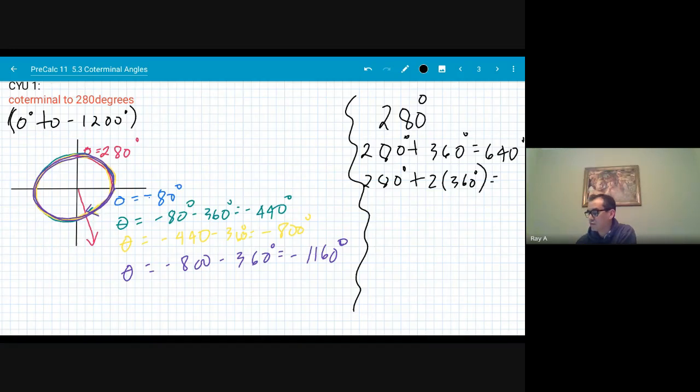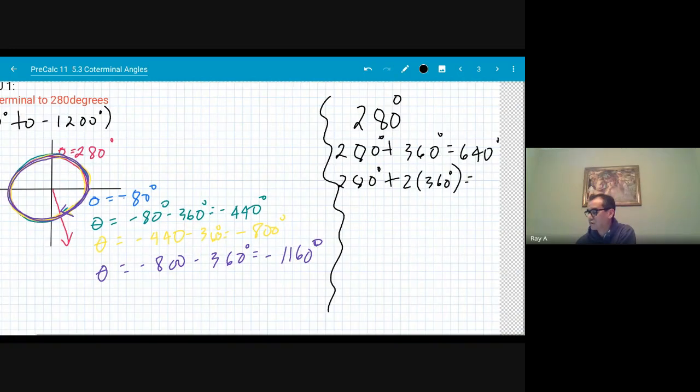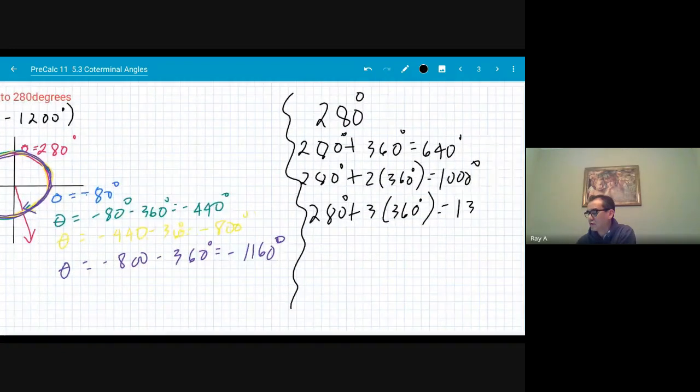Now, 280 plus, if you go another turn, 3 times 360, you just add 360 again. That would be 1360.